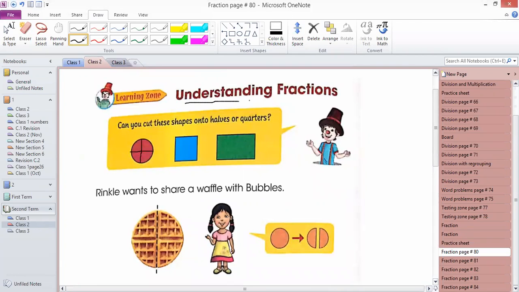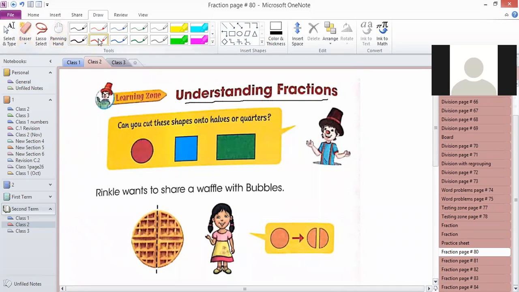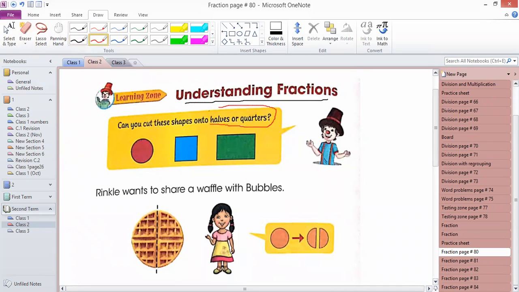Understanding fraction. The heading is understanding fraction. Start with the question: can you cut this shape into halves and quarters? You should know, guys, half means 1/2 and quarter means 1/4. That means, can we cut into 2 equal parts or can we cut into 4 equal parts?